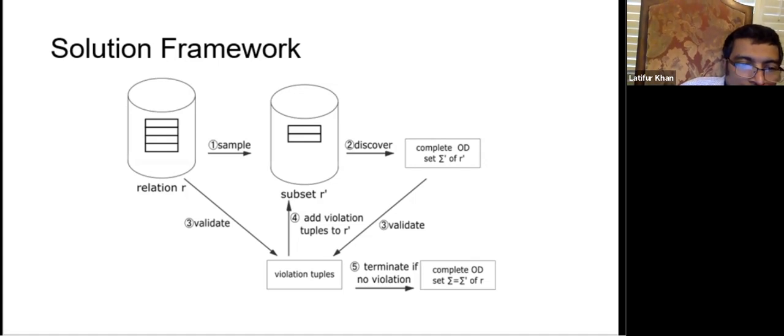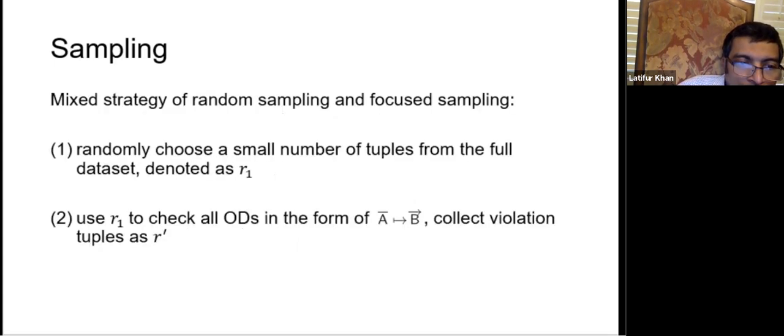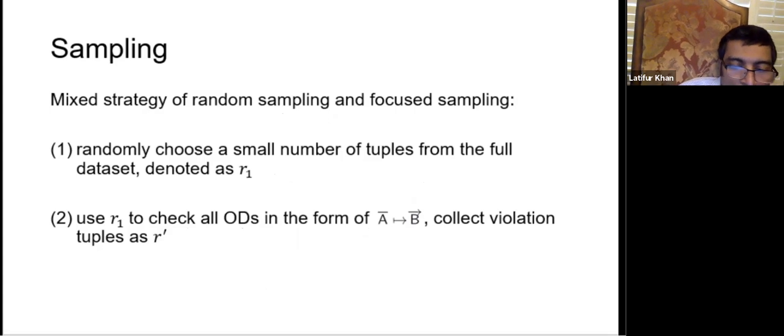Next, I will give you a brief introduction to sample, discover, and validate. That is our steps 1, 2, and 3. Our sampling adopts a mixed strategy of random sampling and focused sampling. The first step is random sampling. We just randomly choose a small number of tuples from the full dataset, denoted as R1.